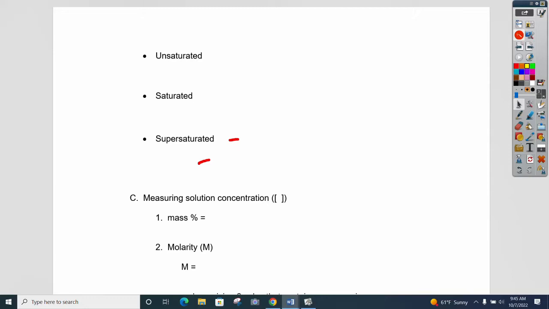So if I add another crystal of sodium acetate to that hand warmer solution, the entire solution would crystallize. If I produce a sound wave, if I tap the container, if you disturb the solution in any way, the entire solution turns to a solid. How cool is that, guys? Chemistry is just so awesome.